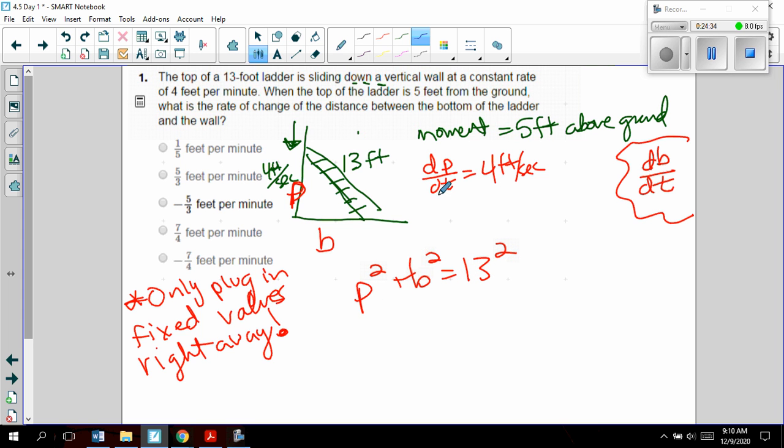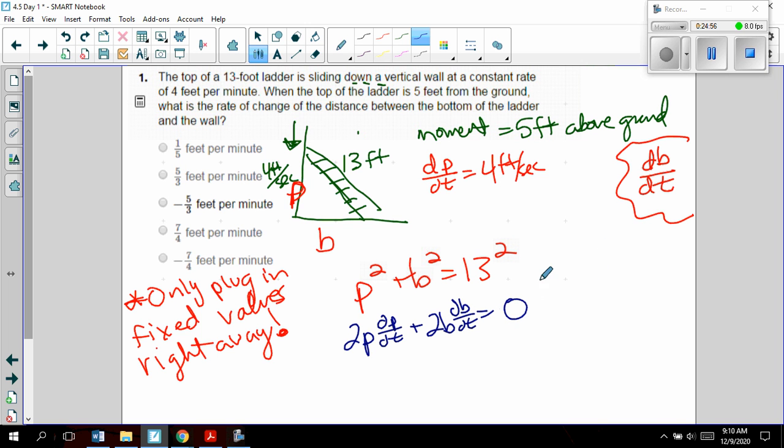Okay. All right, so I start taking my derivative. So 2P, derivative of P is dP dt. Okay, B squared, so power out, power down, dB dt, and my derivative of 13 squared is 0, because that's 169. 169 is a constant.